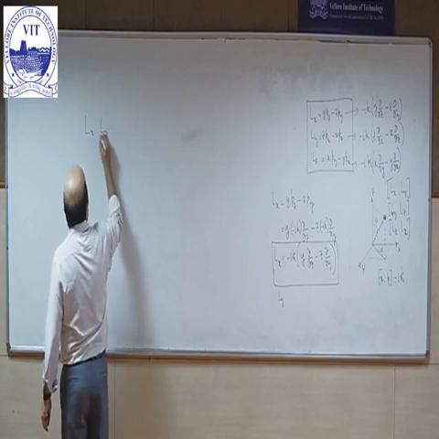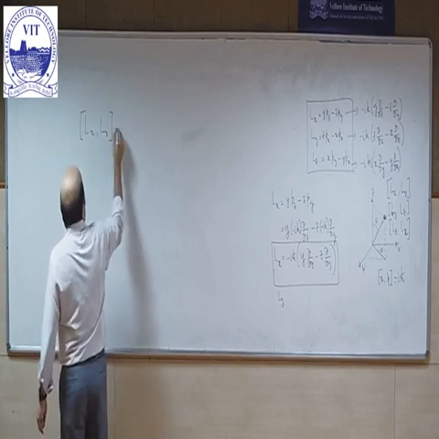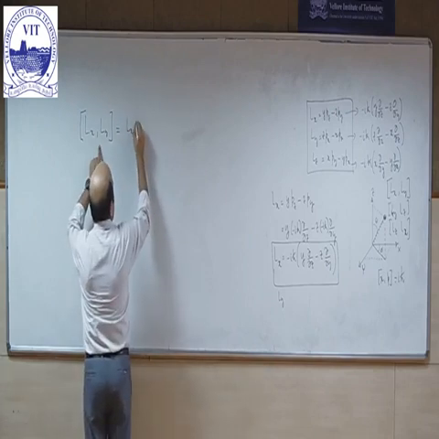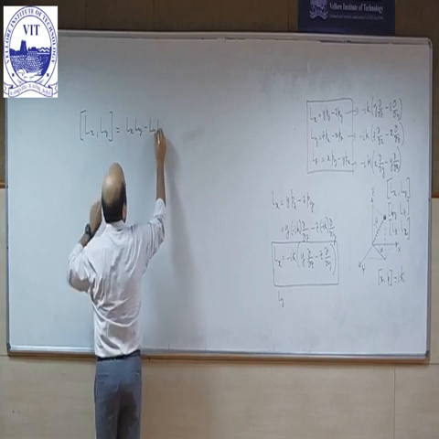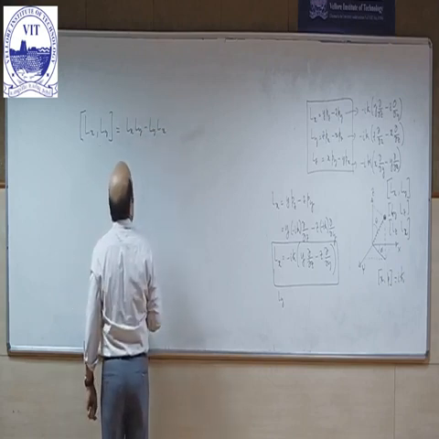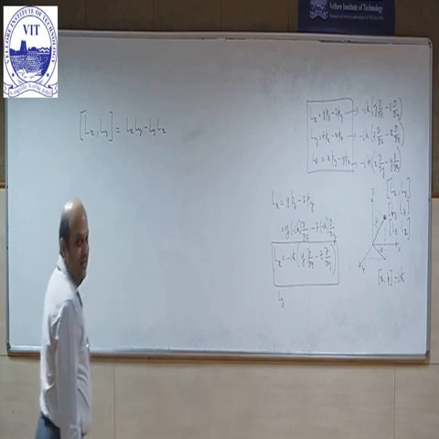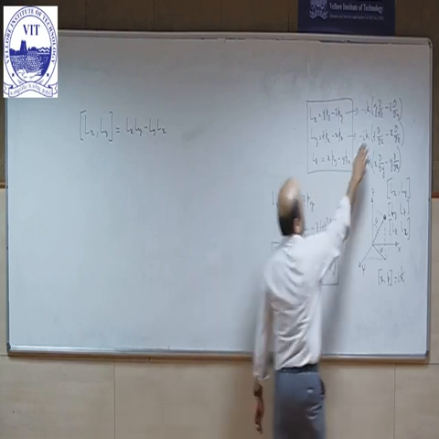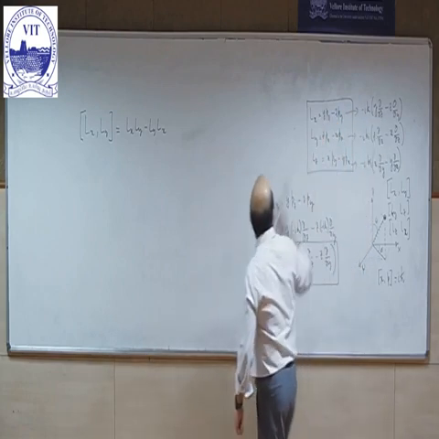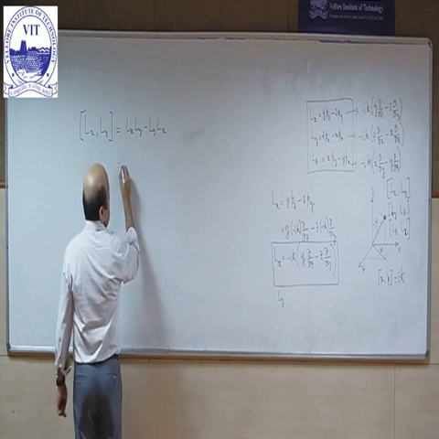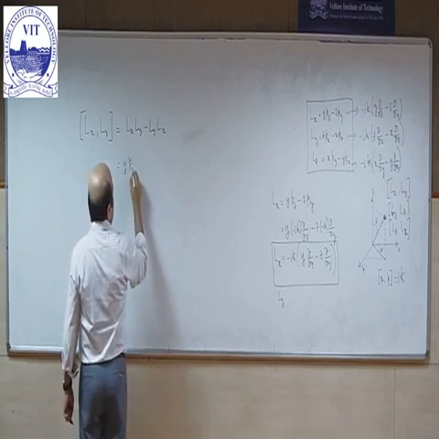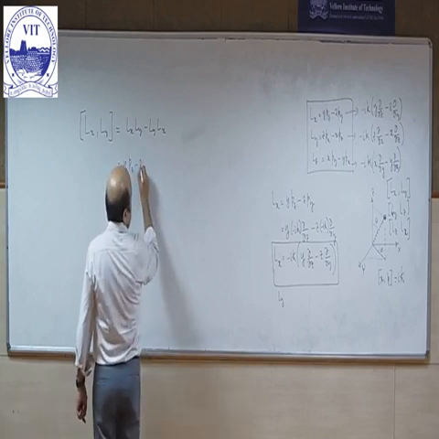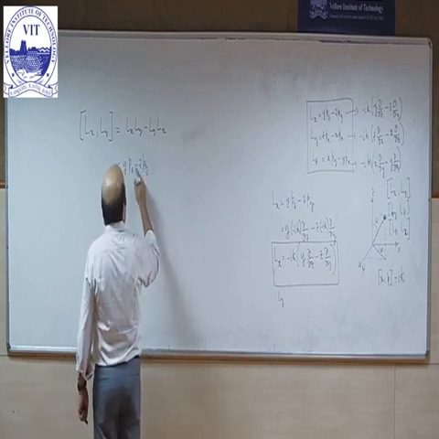[Lx, Ly]. What is this? This will be LxLy minus LyLx. Okay, let's do it. Lx, you can use this way or you can also do it this way. Let's use this one. So this will be y pz minus z py. This is Lx.